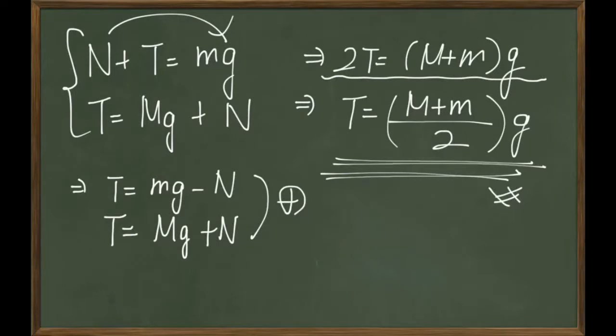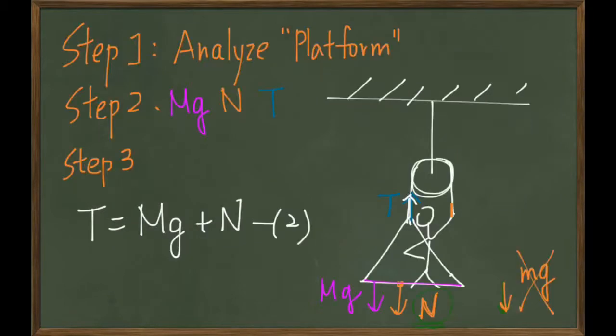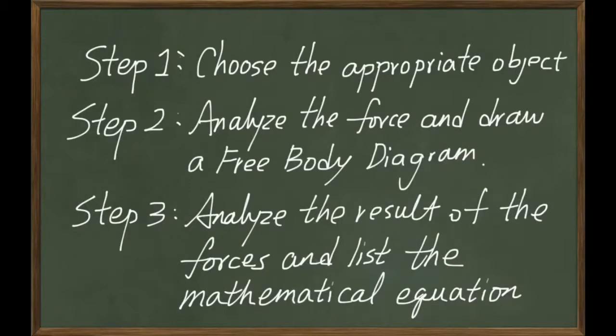That's why in earlier lectures I said to first look for the appropriate objects. Appropriate is the key word. If you choose a good one, you reach the final answer faster. If you choose a bad one, well, as long as you follow the 3 steps, you'll still reach the final answer. Don't get me wrong, it's just that you might take a bit more time than necessary.